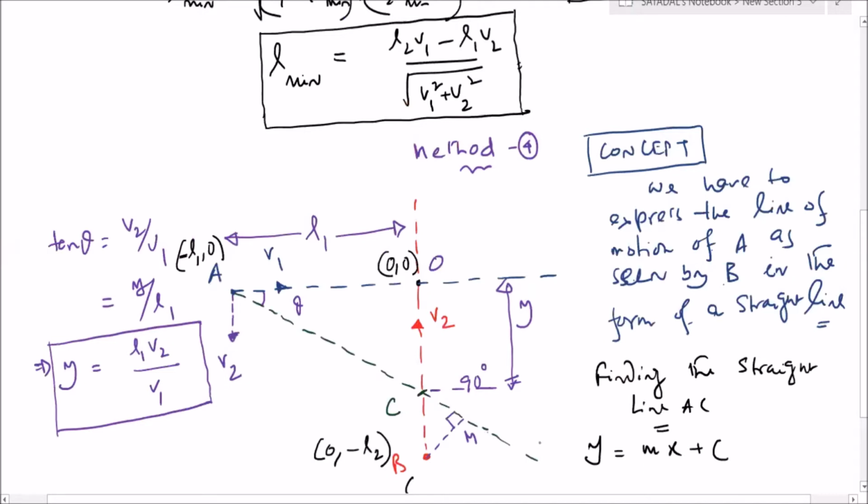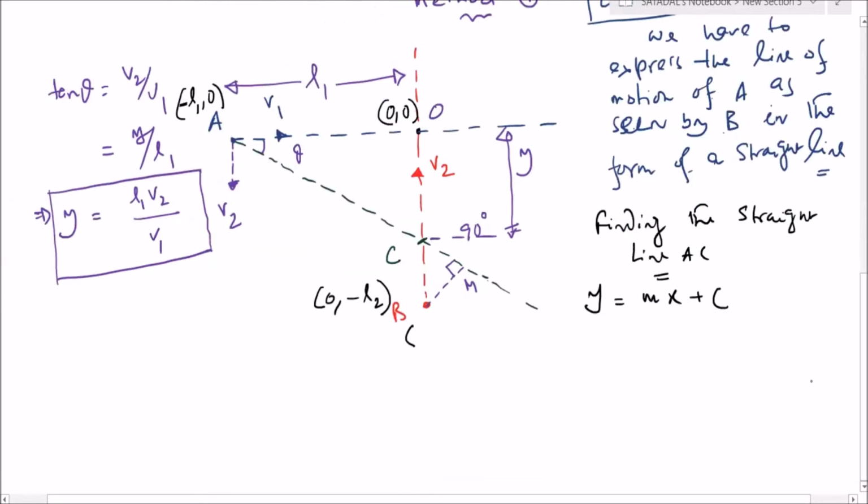I hope there is no ambiguity here. Everything is clear now, right? The slope is minus tan theta, that is minus of v2 by v1.